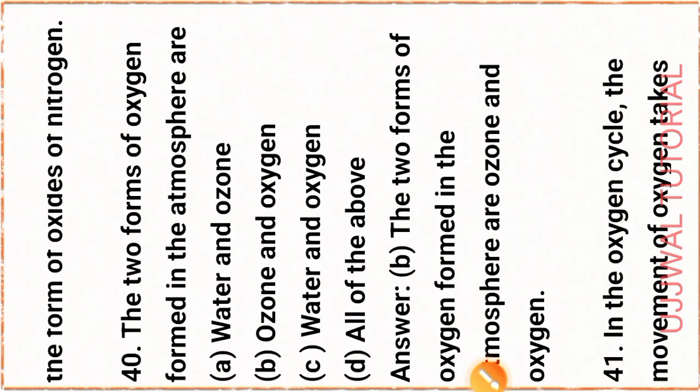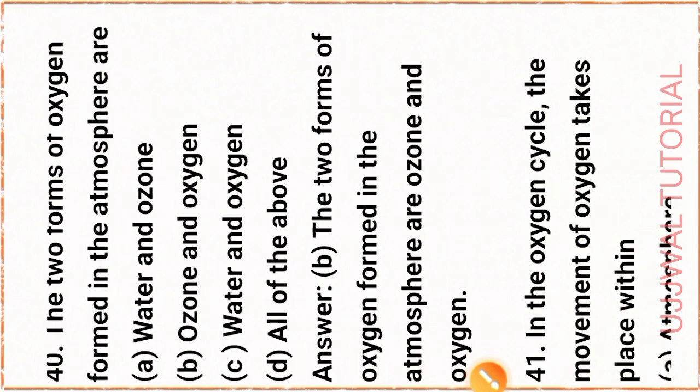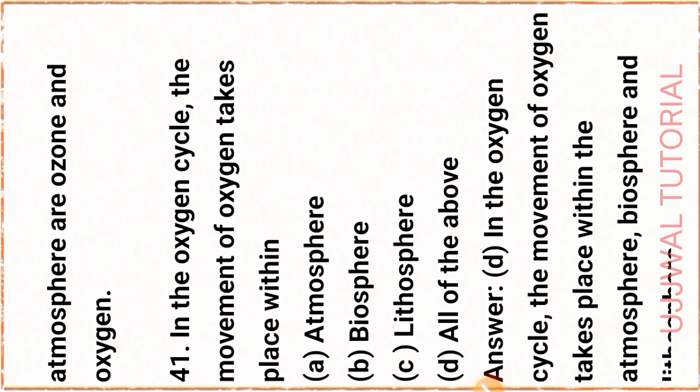Next question, question number 40. The two forms of oxygen found in the atmosphere are option B, ozone and oxygen. Next question, question number 41.